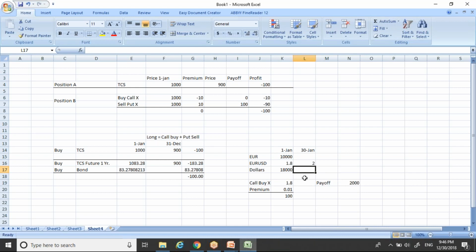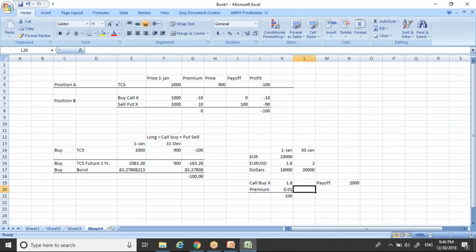You have to pay around $20,000 on 30th January, because the price has gone up, whereas you would have paid 18,000. So you have a loss of 2,000 here. But because you purchased the call and you are gaining here, this profit offsets the loss.